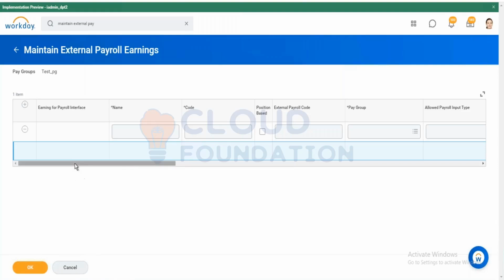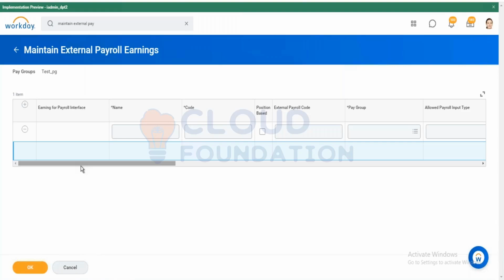Okay, all right. Whenever you're using external payroll mapping, generally this is done by an integration person who is certified in CCTPP.